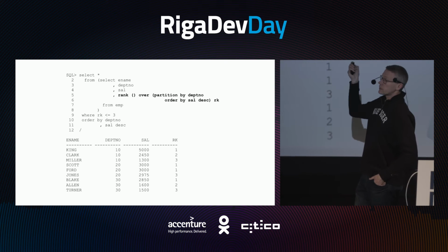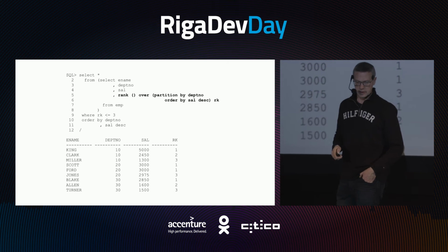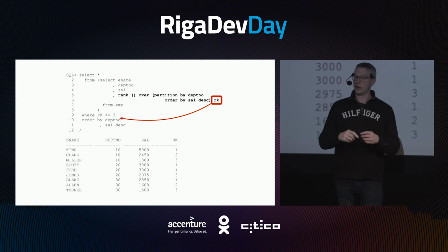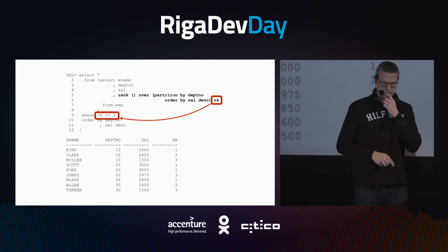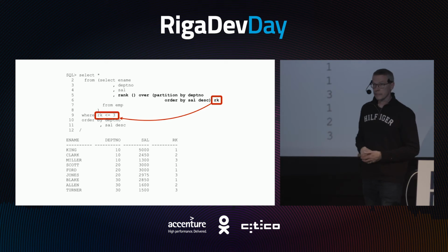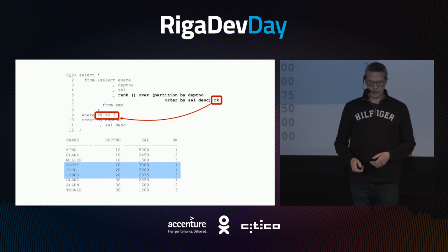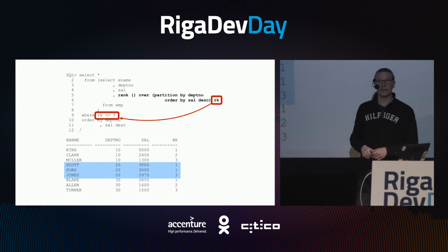Use the analytic function over there, like rank in this case, and use the alias of that analytic function in the outer query and filter on the top 3. That's how it works. Because I use the rank function over there, you get the 1, 1, 3 in that section going on.